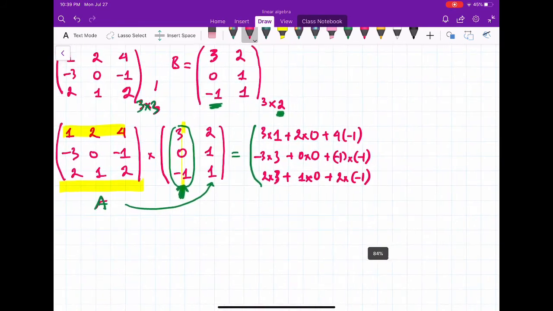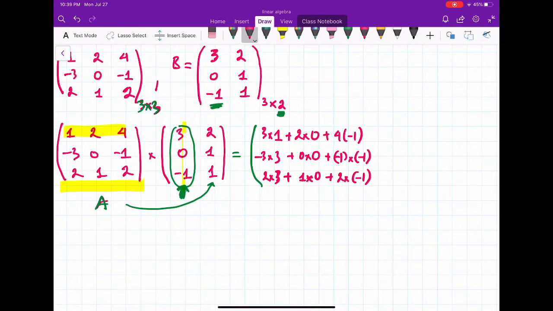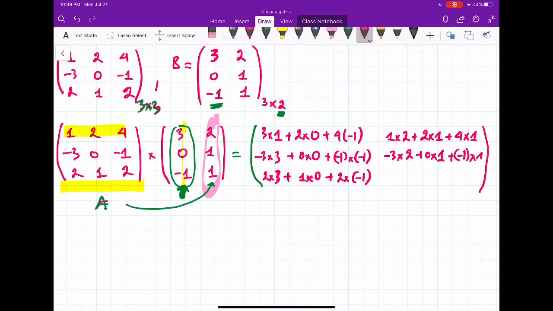We move to the second column in here. Okay, now I will multiply the matrix A with the second column. I get the following one: 1 times 2 plus 2 times 1 plus 4 times 1. Next one, -3 times 2 plus 0 times 1 plus -1 times 1.